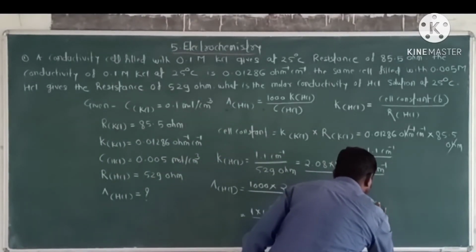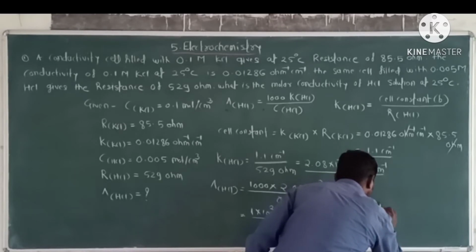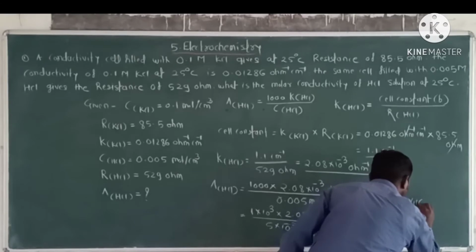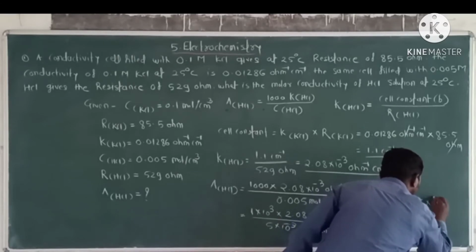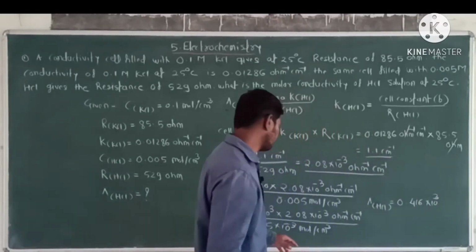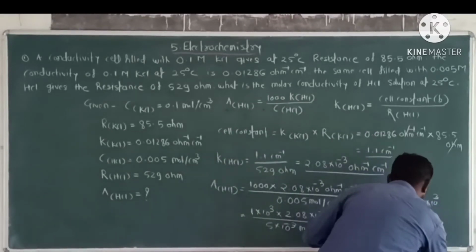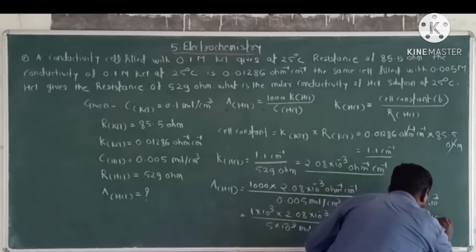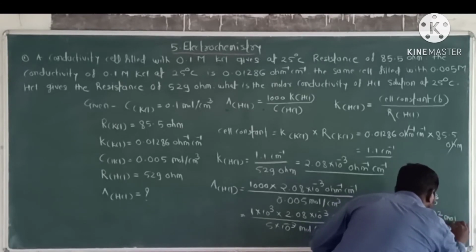After solving this equation, we get the answer: molar conductivity of HCl is equal to 0.416 into 10 raised to 3 per ohm centimeter square per mole.